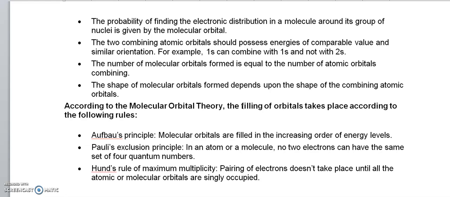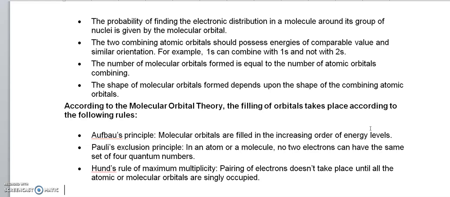And according to molecular orbital theory, the filling of orbitals takes place according to the following rules. You have to recollect the rules. First, the Aufbau principle: molecular orbitals are filled in the increasing order of energy levels, that is 1s, 2s, 2p, 3s, 3p. Molecular orbitals are also filled in this order.